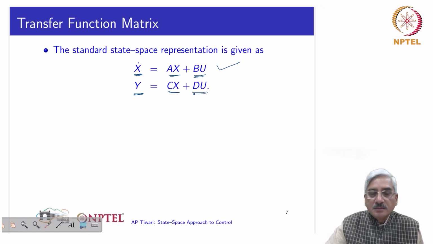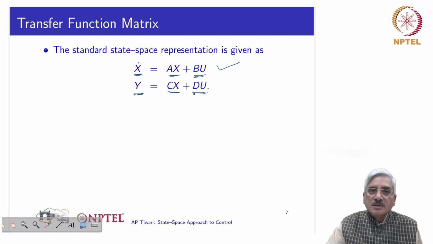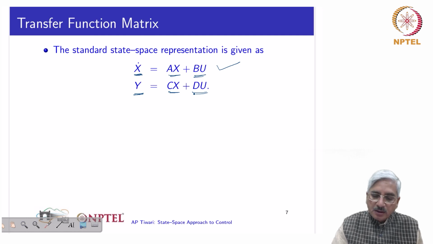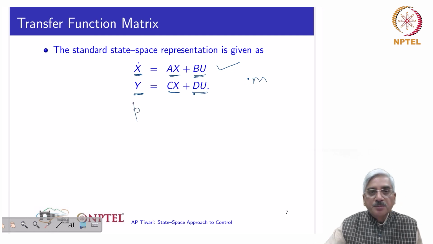In this, as I told, x is the state vector, u is the input vector and y is the output vector. The dimension of the state vector is n, the dimension of the input is m, and the dimension of the output we assume is p.